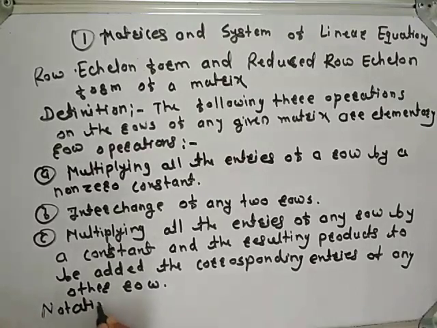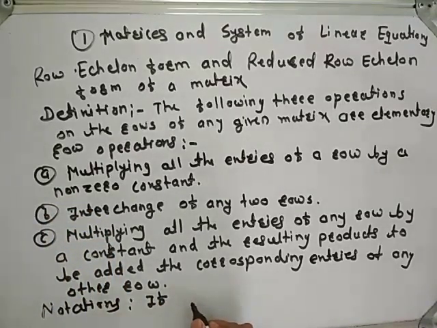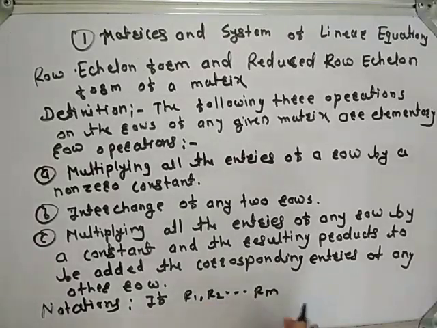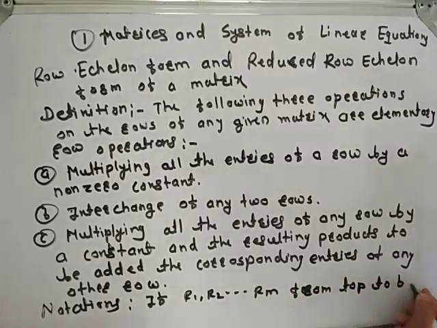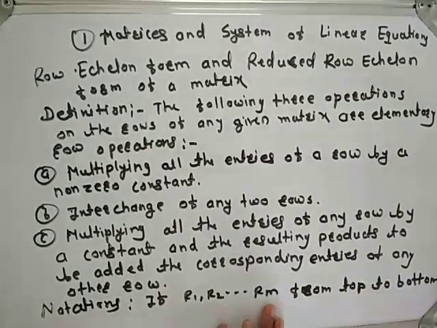Notation: these operations can be written as follows. If the rows of a matrix are denoted by R1, R2 and so on, from top to bottom, these R1, R2, Rm are rows of the matrix.